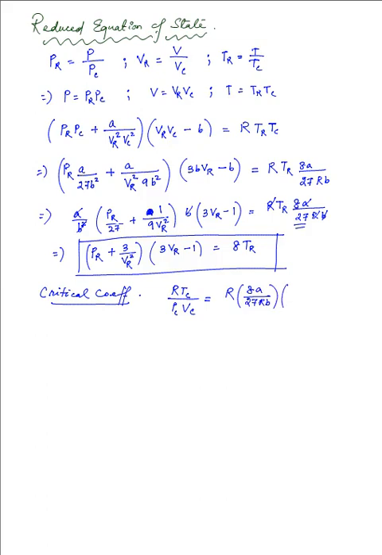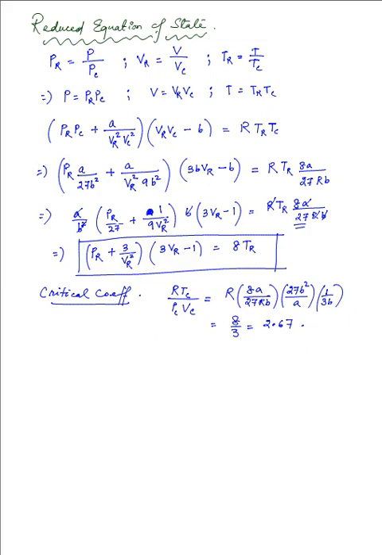This has been taken in the reverse way, or reciprocal of it, for PC, and now for VC again we have 1 over 3B over here, and this is equal to 8 over 3, which is just a constant term, which is 2.67. The theoretical value of the critical coefficient is a constant number independent of A and B, right?